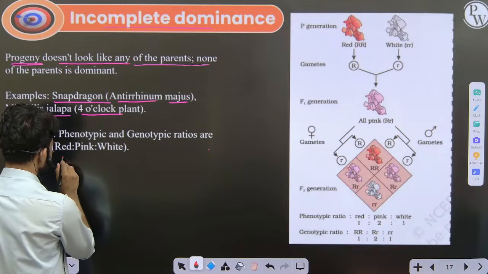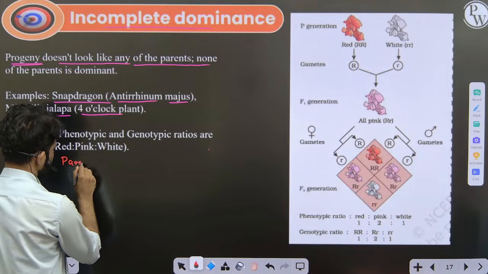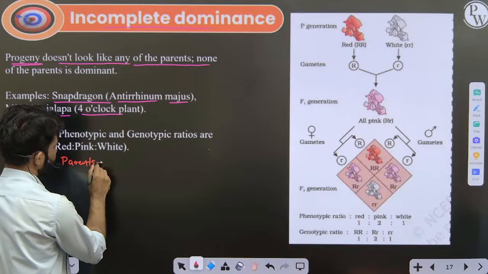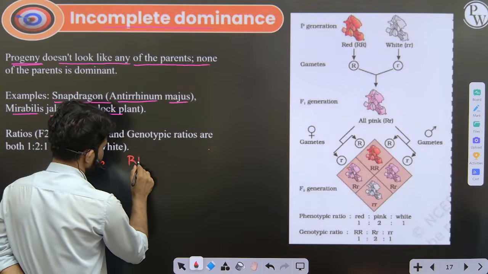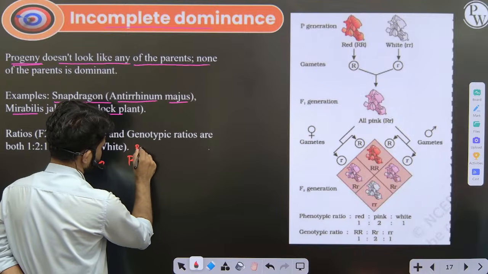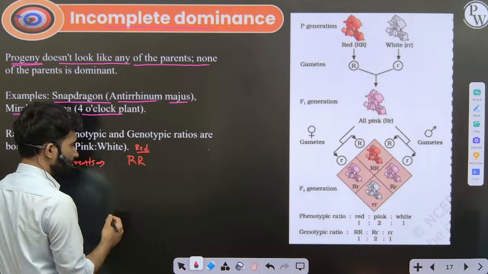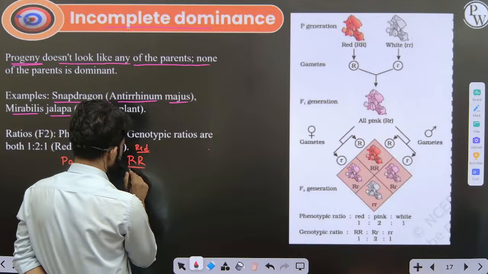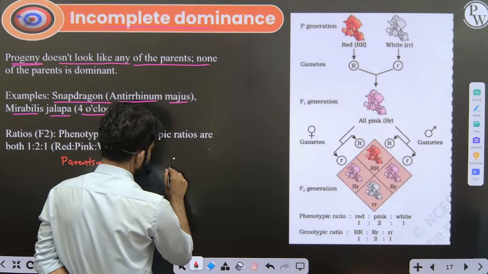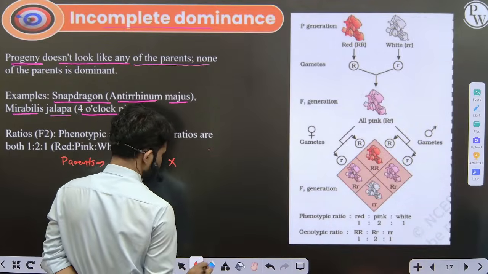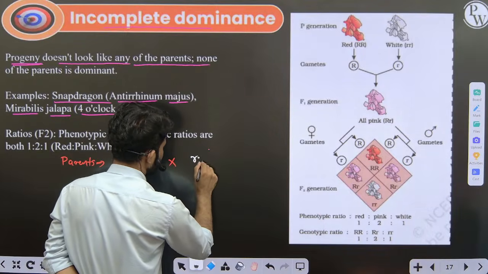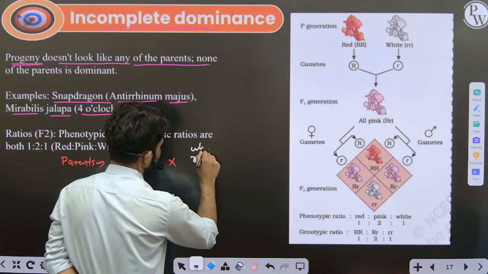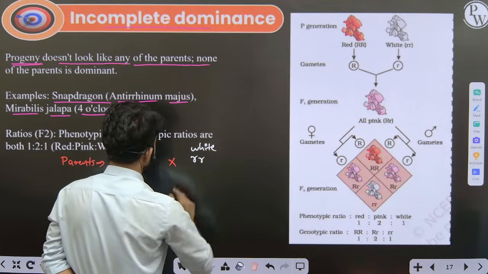So here the parents are color flower. Snapdragon plant is red color flower. Cross with carrot.